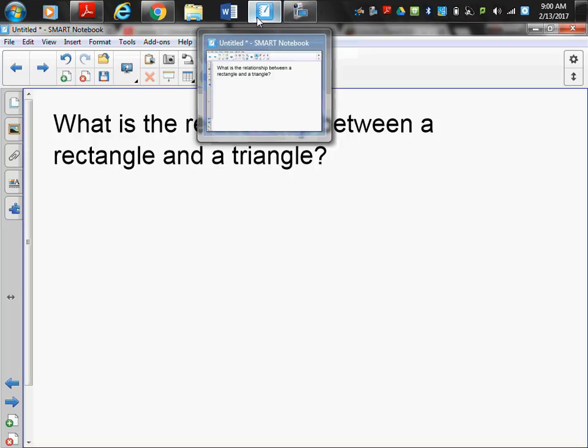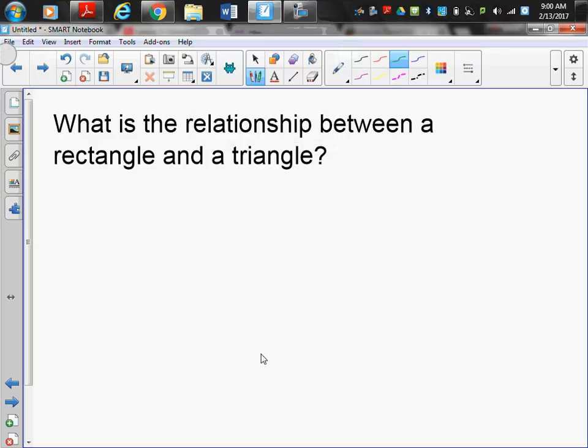Alright, so let's go back. What's the formula for the area of a rectangle? Alright, so a rectangle is base times height. What's the formula for the area of a triangle?